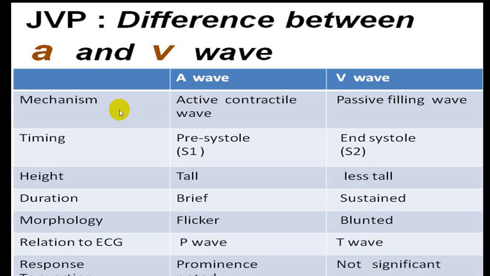The A wave is presystolic, it is taller, it is brief, it is related to the P wave, and on exertion it will be more prominent. While the V wave is a passive filling, it is at the end of the systole, it is less tall than the A wave, it is a little more sustained, and it corresponds to the T wave in an ECG.